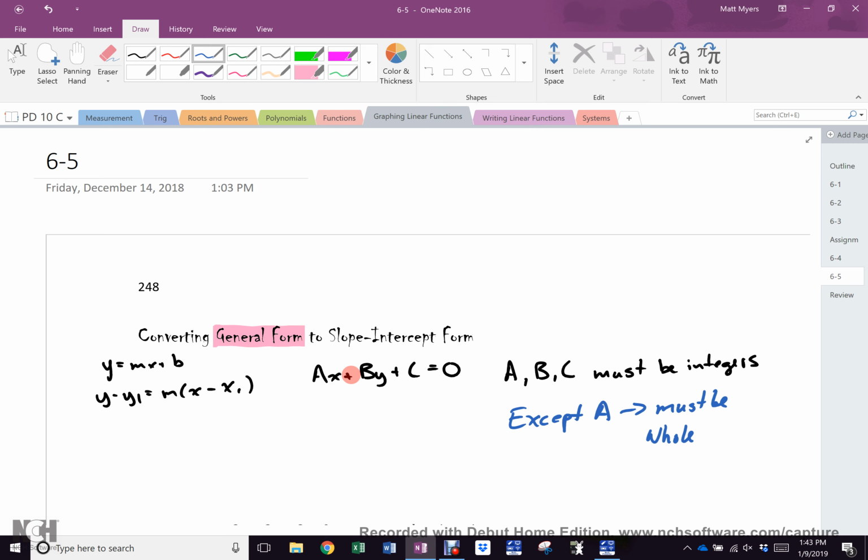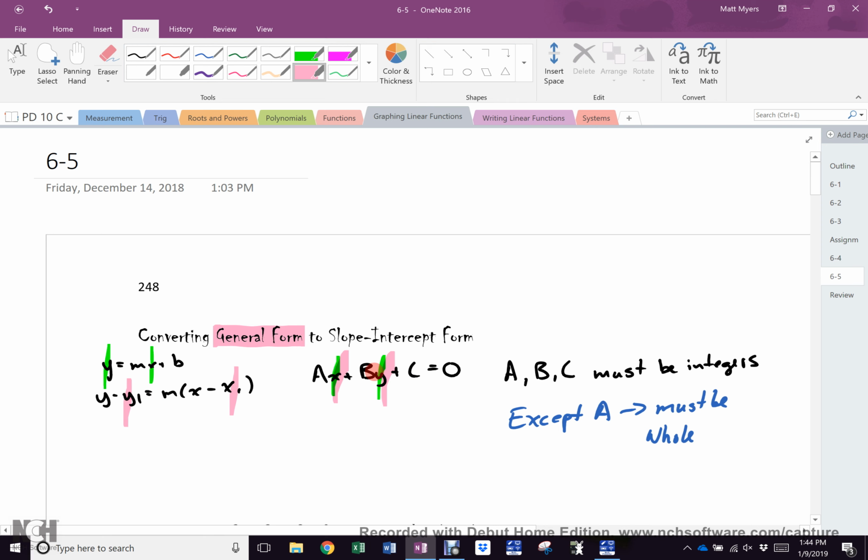General form, if we do algebra to it, what do you notice? There's x's and y's. But you will notice that this guy has brackets, and both of them have the option of having a fraction, don't they? So neither of these can work with this guy unless we do algebra.